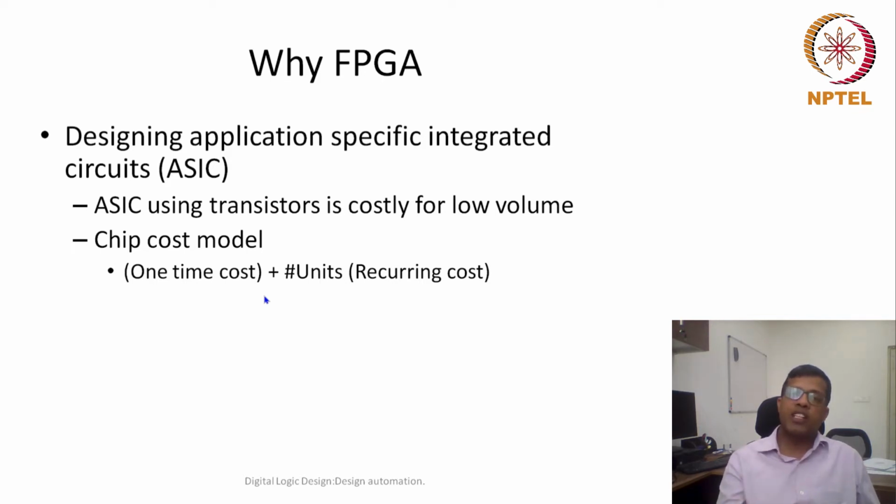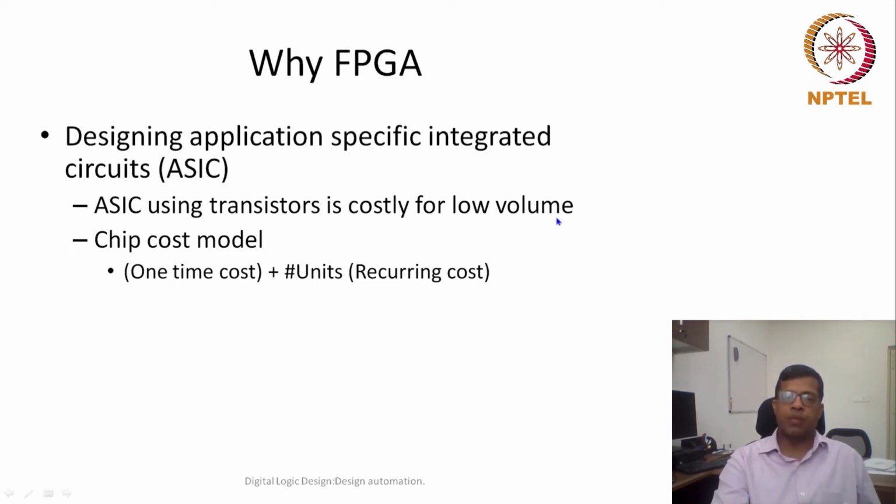But the factor which can reduce the overall cost is the number of units. If the number of units is in hundreds of thousands or in millions, then the cost per transistor is very, very low, and it has been reducing over the years.